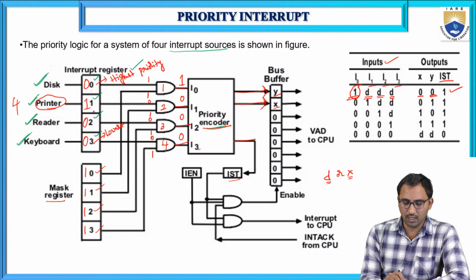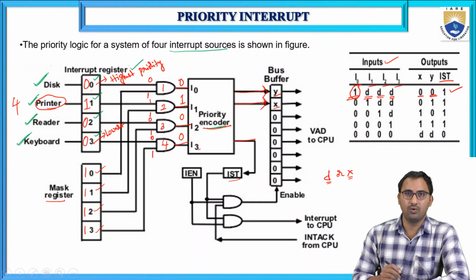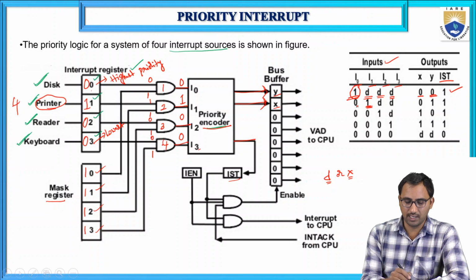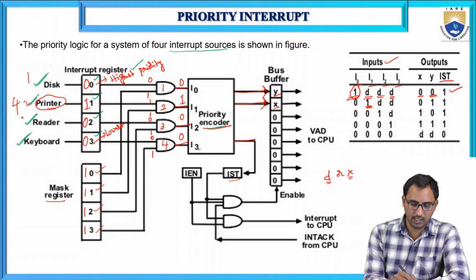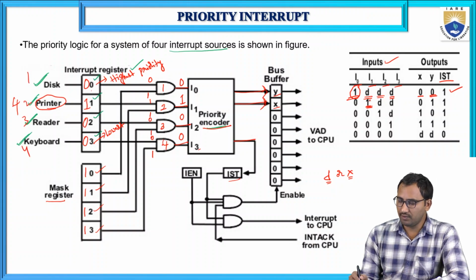So now the output of the second AND gate will be 1 and the first gate will be 0. So this is first, this is second, third, fourth. The second device generated an interrupt.